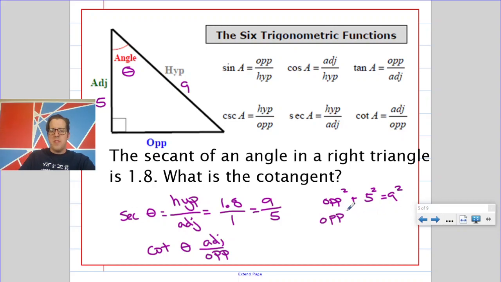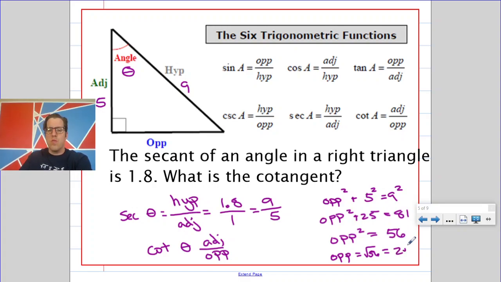Or the opposite squared plus 25 equals 81. Or the opposite squared equals 56. So this means that the opposite is the square root of 56, and that would reduce to 2 root 14.